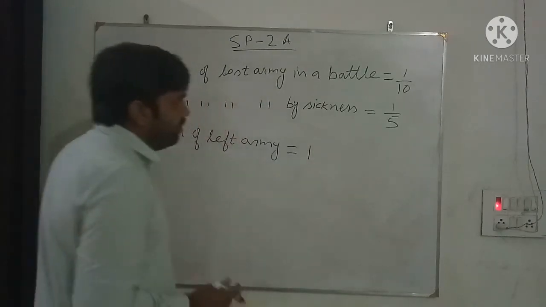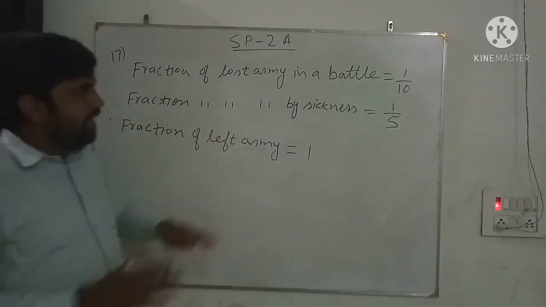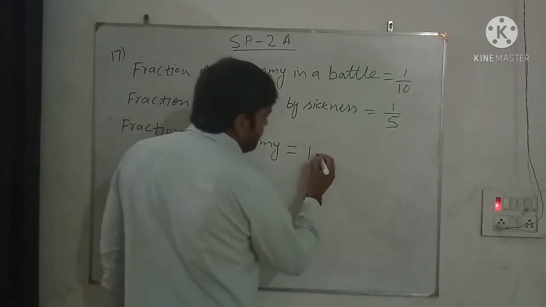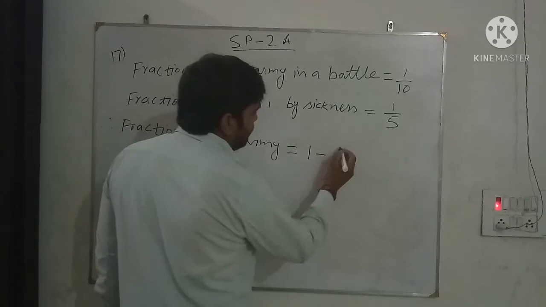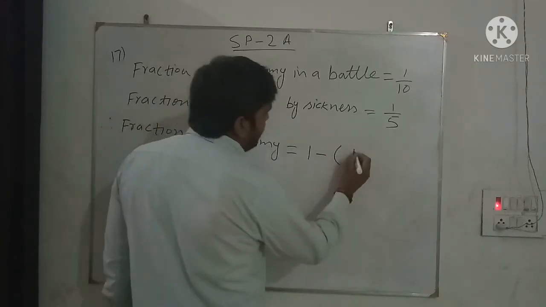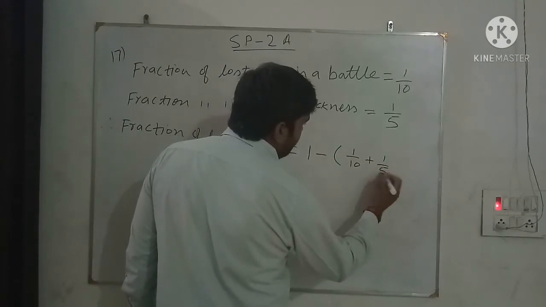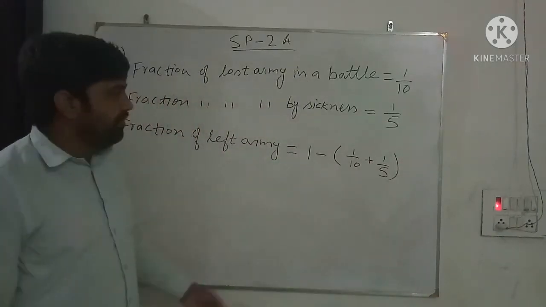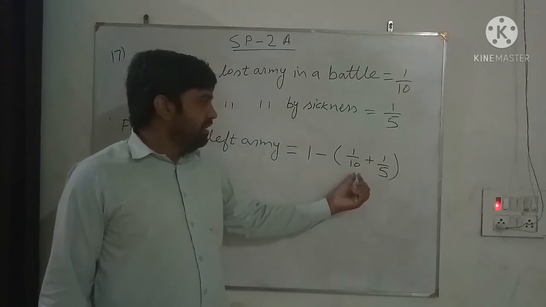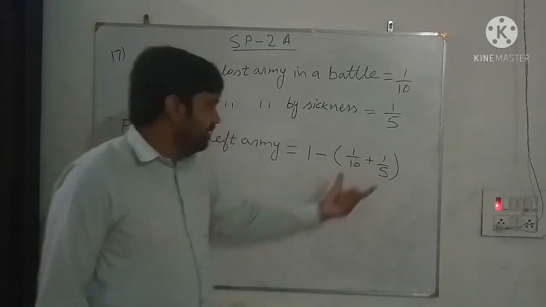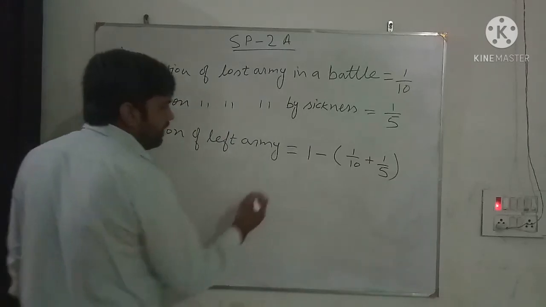Let the total army be 1. So whole army is represented by 1. Now from 1 we subtract the lost army's number. So what is lost? 1 by 10 is lost in battle, plus 1 by 5 is lost due to sickness. So we subtract these numbers, which armies lost their life in battle and due to sickness, from whole 1 and we'll get the answer.